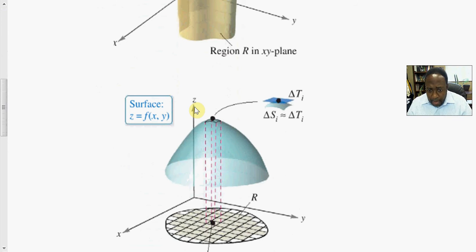We compute that by looking at this area of S here, S here being the so-called solid, and we compute that based on R, the region down below, and then we compute what's really the arc length measure over the surface of each dimension, of each sliding rectangle, if you will.